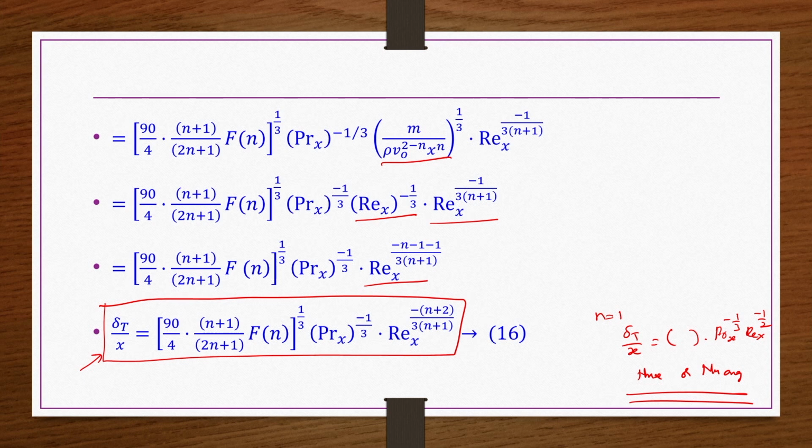That we are going to do anyway now. So, here as I already mentioned, Cp m by k V naught by x whole power n minus 1 is nothing but the local Prandtl number, fine.